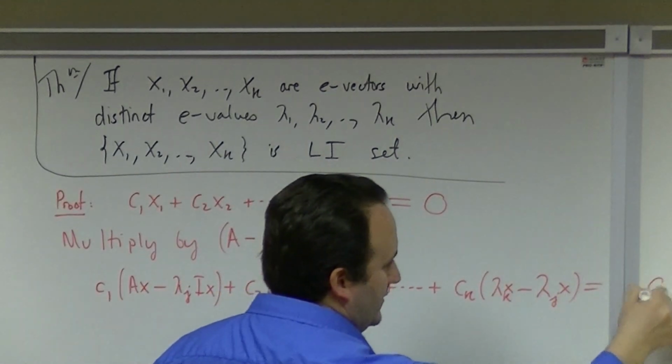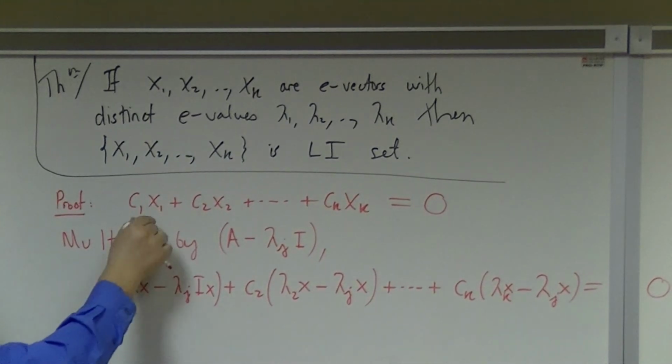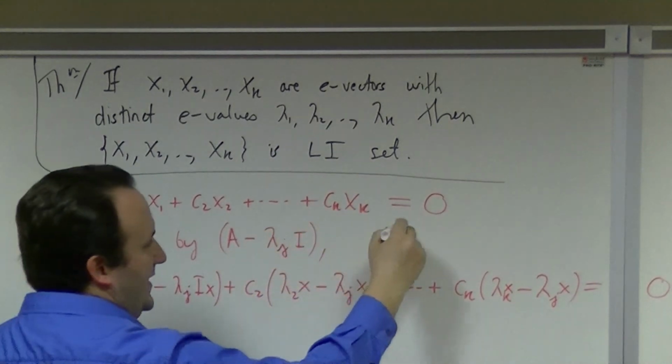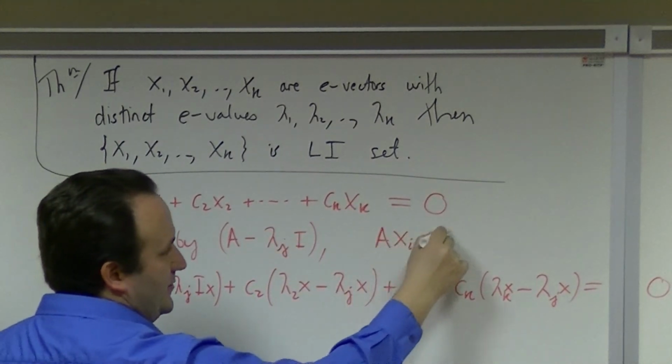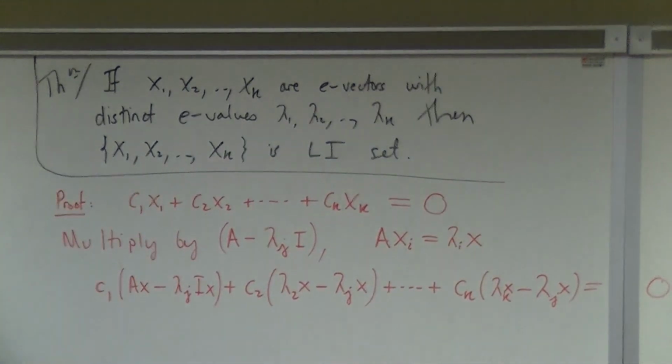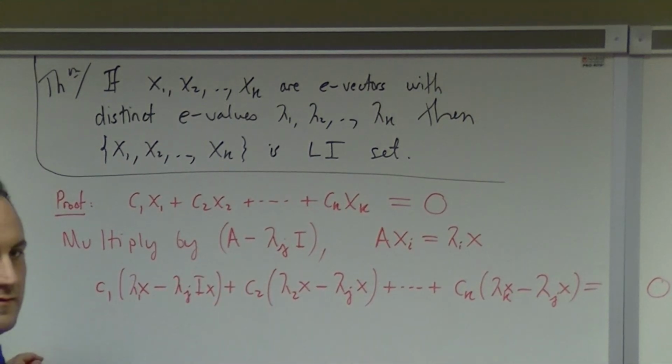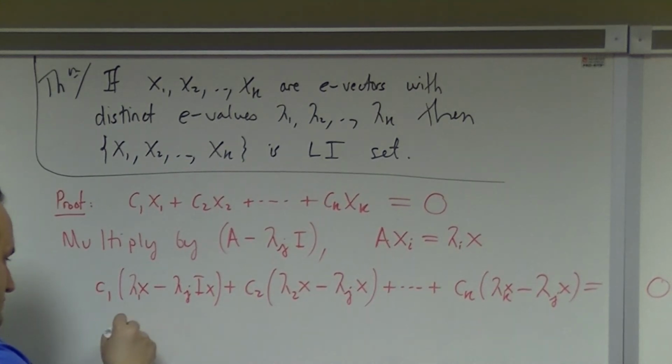If you're lost here, don't be lost. All I'm doing is multiplying each term by A minus lambda j I, noticing that A times x sub i is equal to lambda i times x sub i, for i equal to 1, 2, all the way out to k. So that's how I simplify. So this Ax1 I should really write as lambda 1 times x1, like the other terms, right? Now, there's an x everywhere, right? So I can just factor out x.